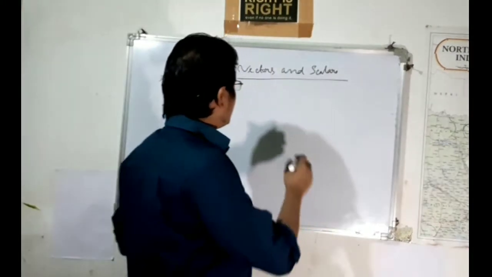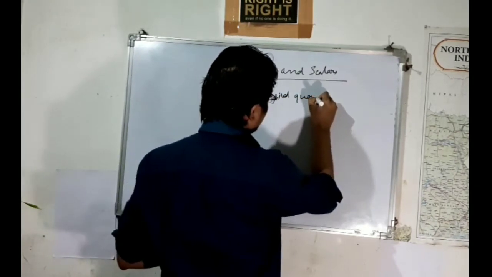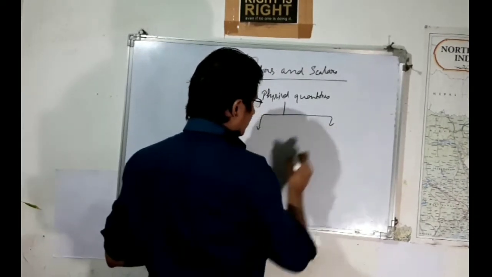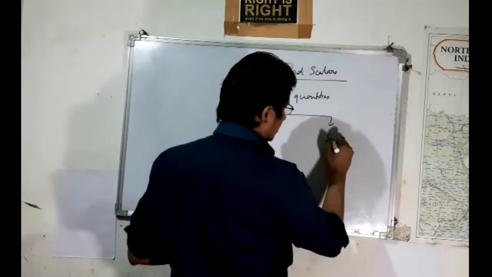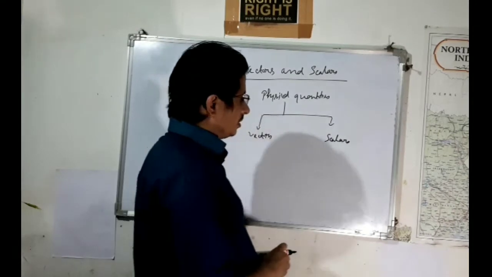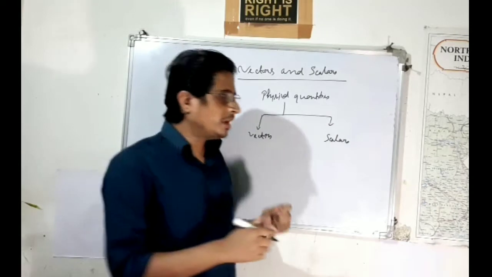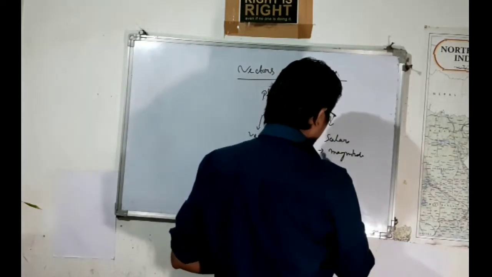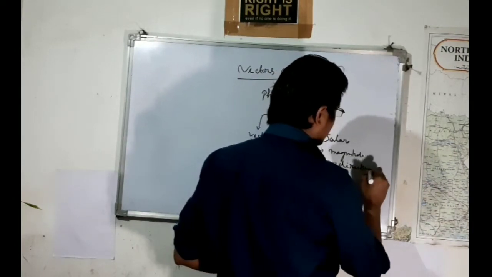Now, these physical quantities are classified, as I have already mentioned, into vectors and scalars. Scalars are those physical quantities which have only magnitude but no direction.